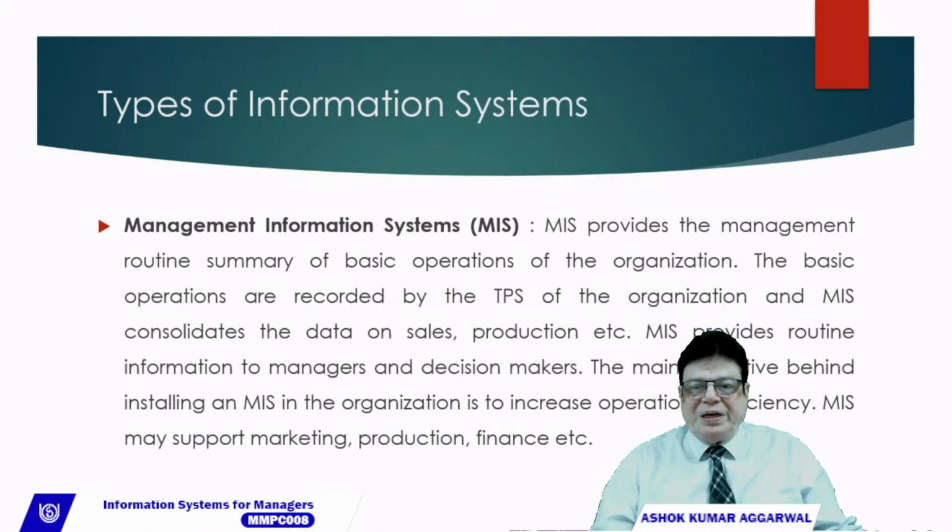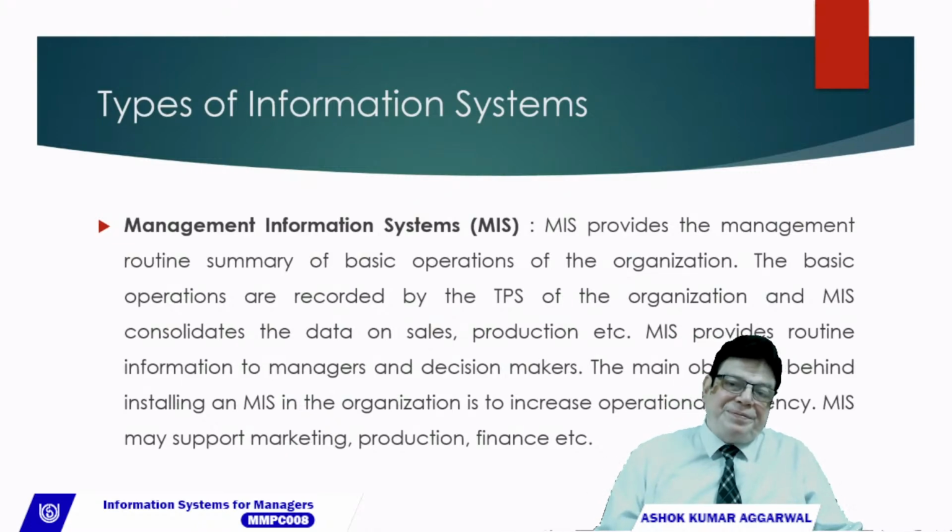The main objective behind installing an MIS in the organization is to increase the operational efficiency. MIS may support marketing, production, finance, etc. Then management, they can decide how to increase the sales.